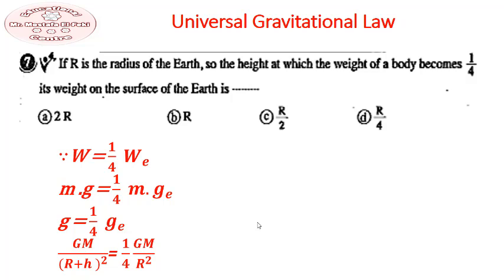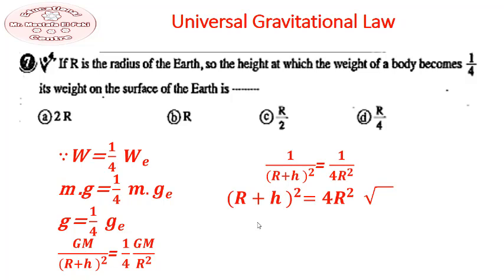By substituting in the relation GMm over (r plus h) all to the power of 2, then by taking the square root of the two sides, r plus h equals 2r, then h also equals r.